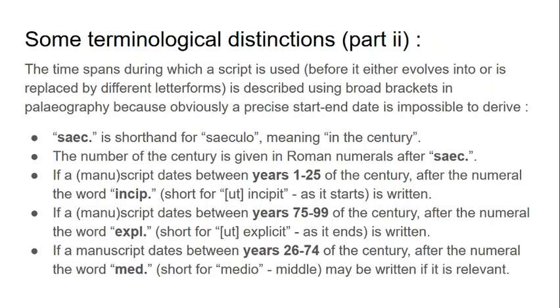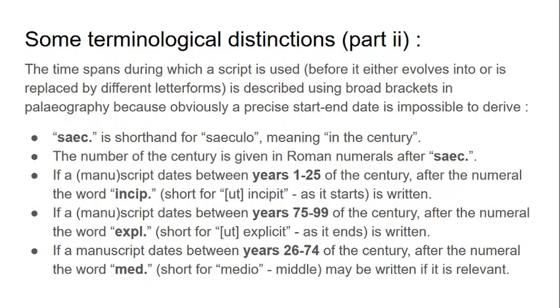The number of the century is given with Roman numerals after the sec., and if a manuscript dates between the years 1 to 25 of said century, we write incip. after the numeral, and if it's between years 75 to 99, we use explic. with the dot after the numeral, and if it's between 26 to 74, basically in the middle, we put med. So, fairly self-explanatory: incipit for it begins, for the beginning, explicit for the end, and med for medium, for middle.